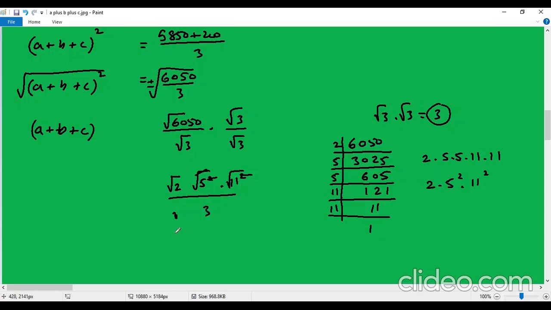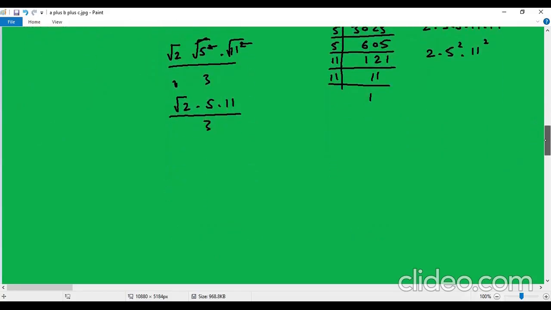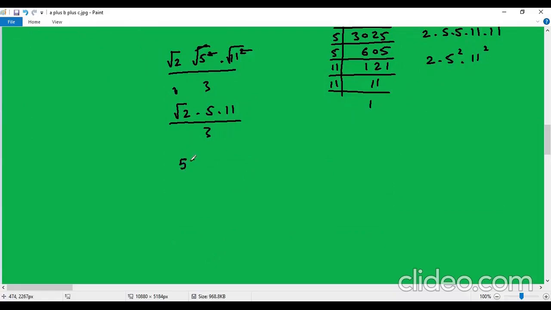That means under root 2 times 5 times 11, because the under root is cancelled, over 3. Ultimately, what I will get is 55 radical 2 divided by 3. Now, once we reach here, it's going to give us radical 3 once again. This is going to be your final answer.